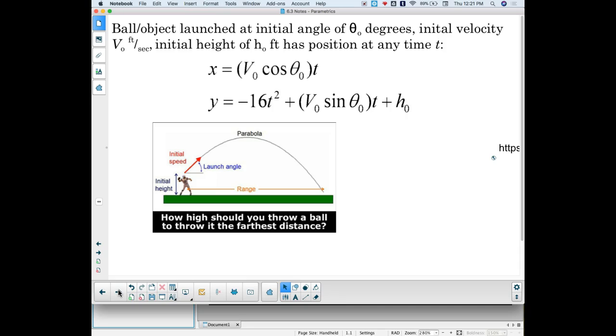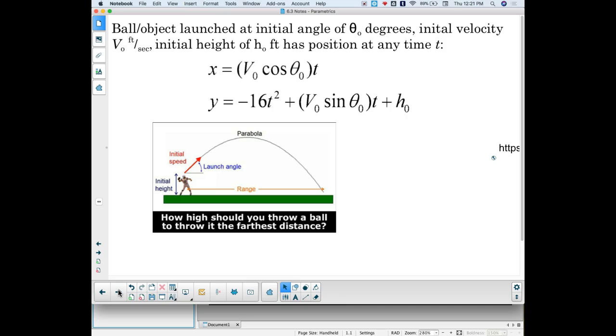And so yesterday, we ended class by saying that we have these formulas for an object launched at an initial angle of theta degrees with an initial velocity and an initial height. So the x part of the parametric equation is v sub 0 times cosine of theta.